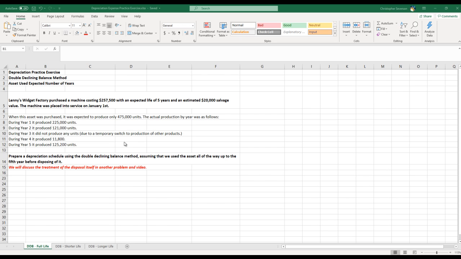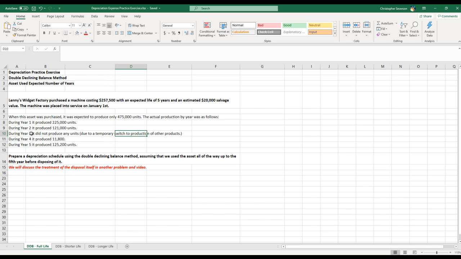If you look at year 3, it said, hey, during year 3, they did not produce any units because they temporarily switched over to produce other products, probably with other machinery. Under both the straight line and double declining balance methods, that doesn't really matter. We're still going to take our depreciation for that year, even though we may not have used the equipment.